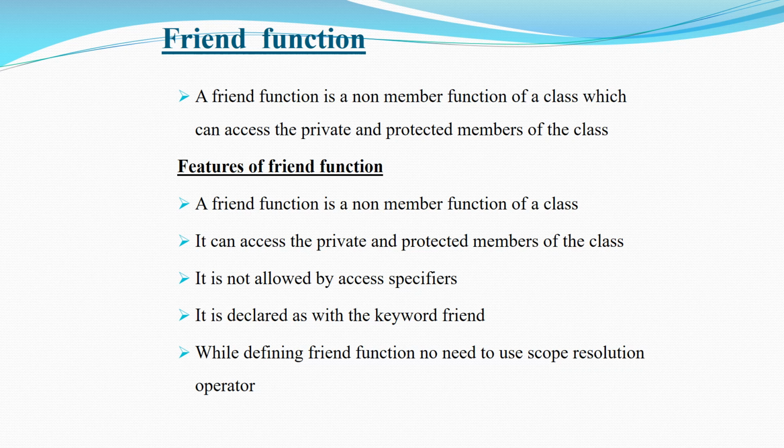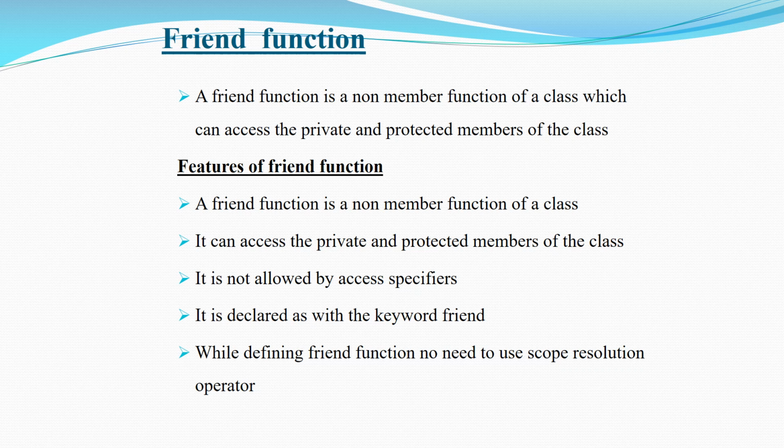A friend function is a non-member function of a class. It can access the private and protected data members and member functions of a class, which is not normally allowed by the access specifier. It is declared with the keyword friend.